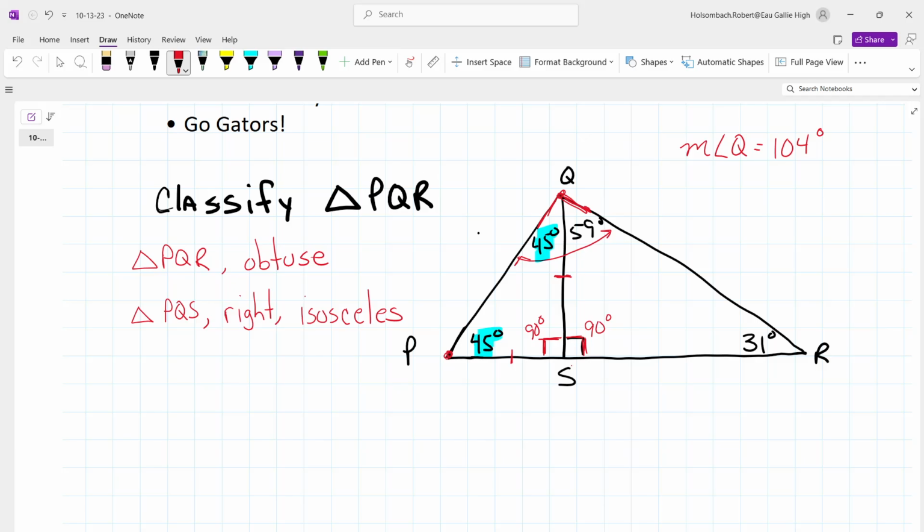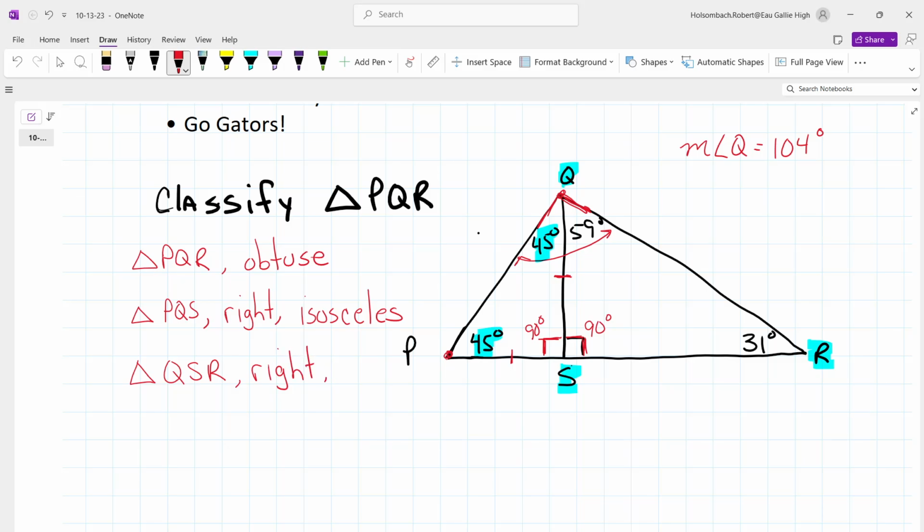And then let's classify triangle QSR while we're here. That's the triangle over here on the right. It's got one right angle, so that makes it a right triangle.